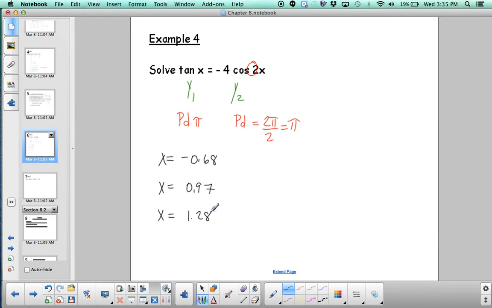For each of those, we have decided that the period here is pi. So instead of adding 2 pi k, this time we'll actually be adding pi k. So plus pi k, plus pi k, plus pi k. And this again would give us all the solutions, and again we need to note that k is any integer.